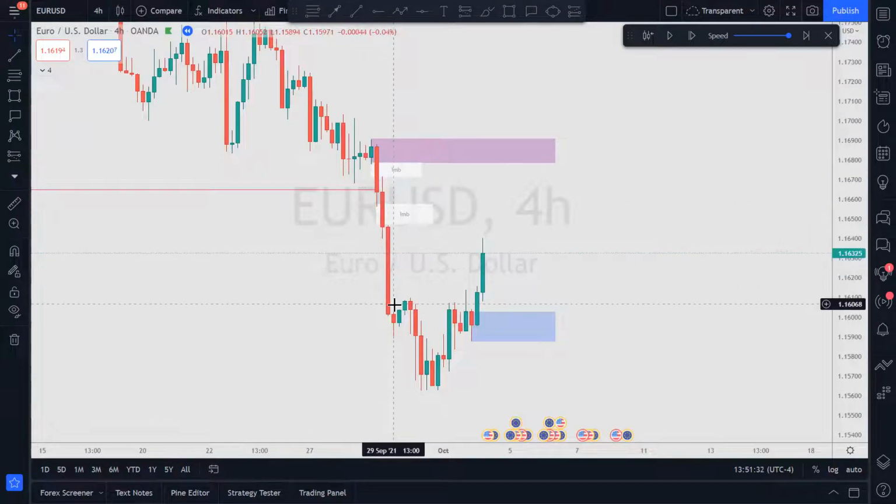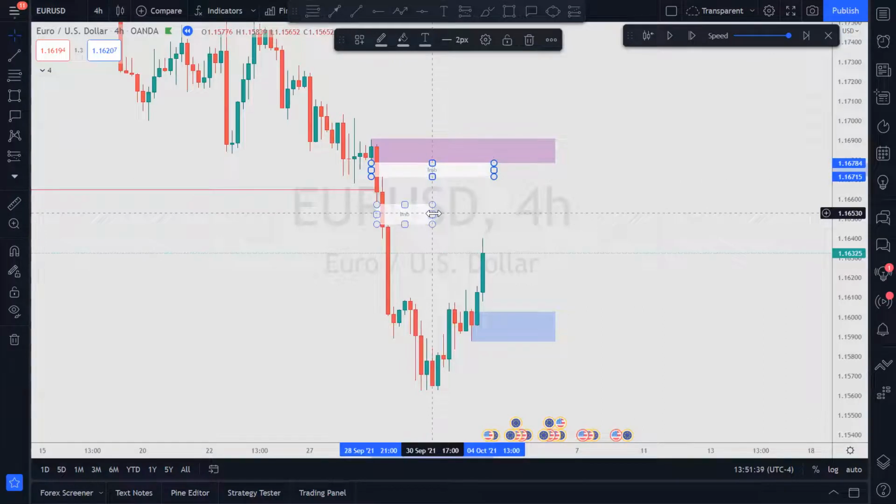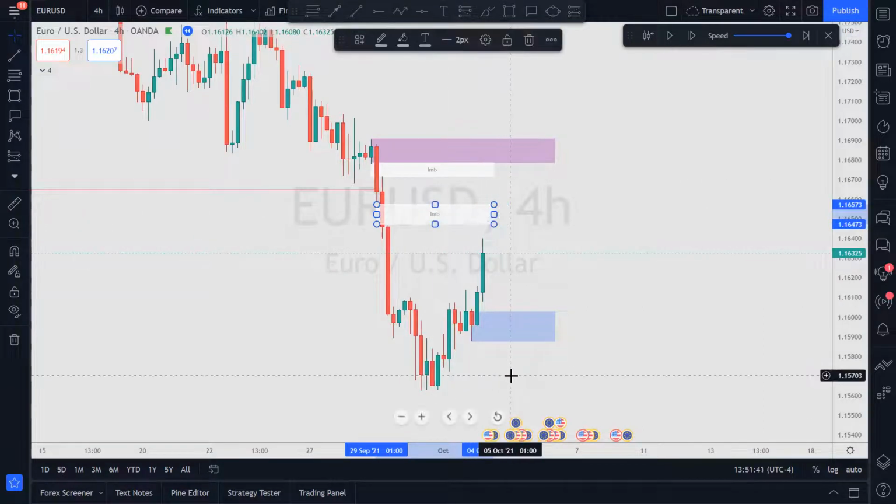Price doesn't like to move that way. It'll come back and mitigate all of these imbalances, because you have to have buyers for sellers and sellers for buyers.